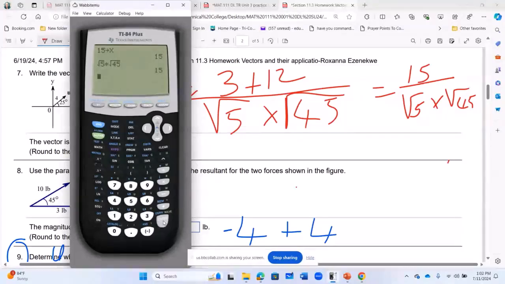And then I have an answer, and that answer is 15. The numerator is 15. The denominator is 15.